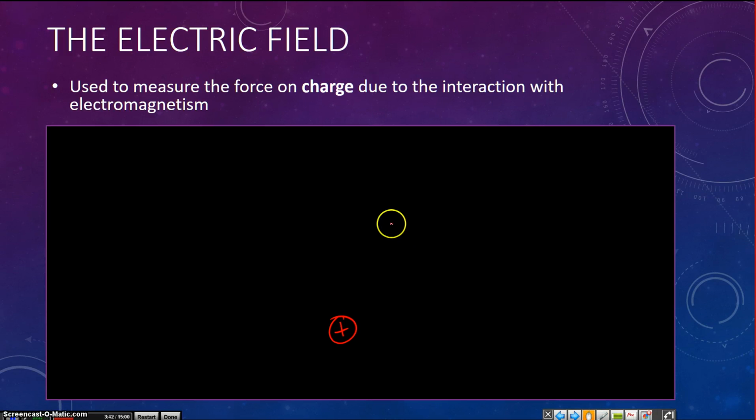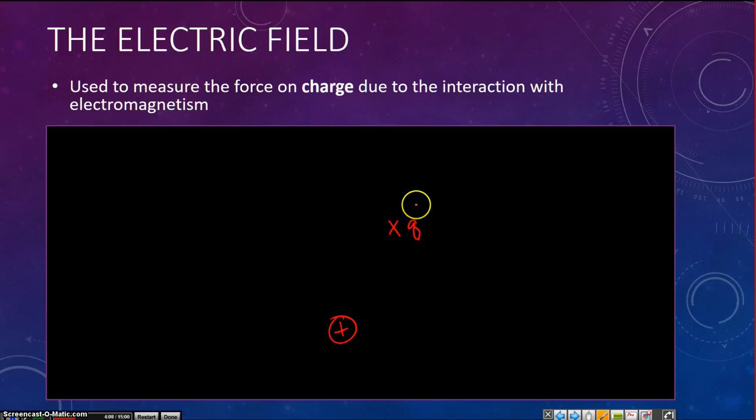And again, we'll have some distance away from the positive charge. And we recognize that because this has a charge, it's going to change the space around it in some way, shape, or form. And so if we put another charge, I'm going to call this charge little q. Remember, with Coulomb's law, we use q a lot of times for charge. So what we say is we put a small test charge here, okay?